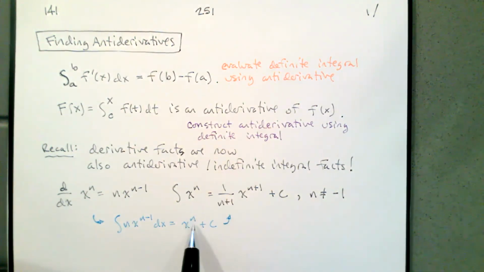So the antiderivative has an exponent that's 1 higher than we started with, and we divide by that new exponent. That's why the n disappeared when we integrated.